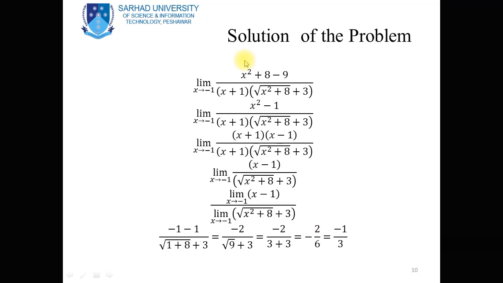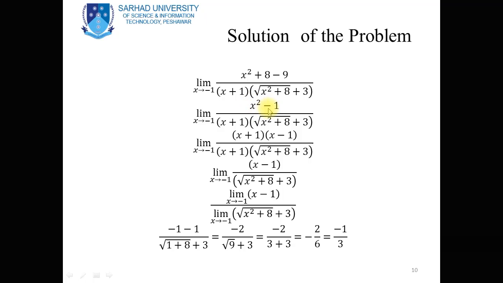Now applying the formula a minus b into a plus b equals a square minus b square, we get x square plus 8 minus 9 divided by x plus 1 into under root x square plus 8 plus 3. So x square minus 1 divided by x plus 1 into under root x square plus 8 plus 3.